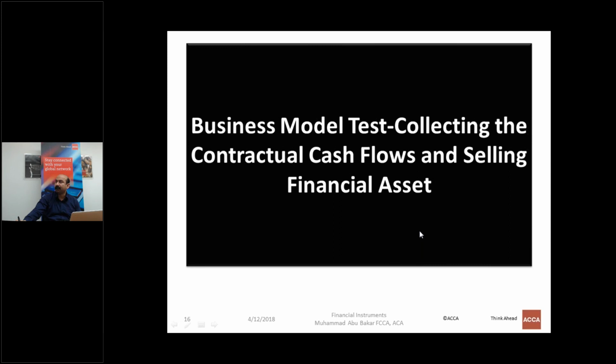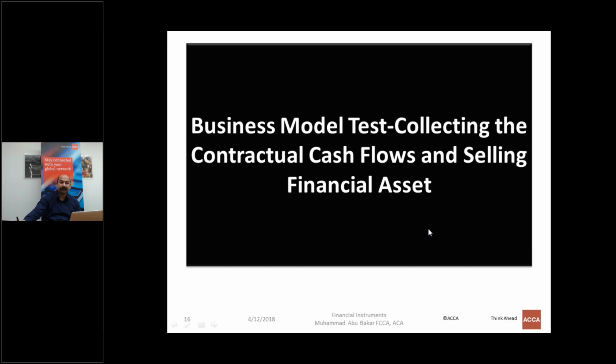Okay, next is business model test, collecting the contractual cash flows and selling financial assets. Collecting the contractual cash flows and selling financial assets.